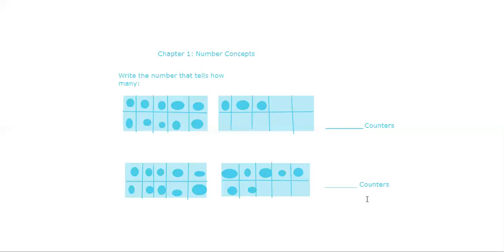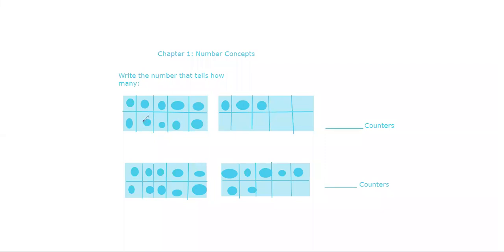Basically, what we have to do is find out how many counters or circles there are in these two boxes. So basically, all we have to do is count them. So let's count. 1, 2, 3, 4, 5, 6, 7, 8, 9, 10.